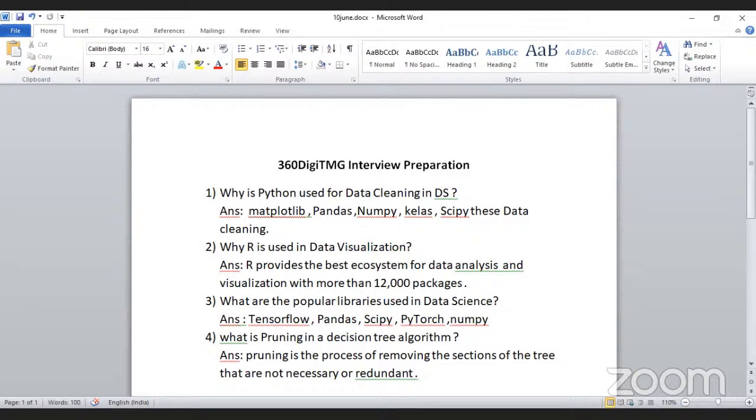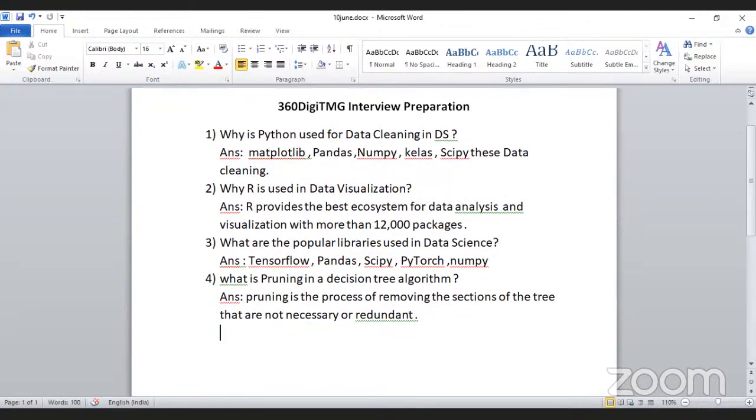Pruning is the technique by which we delete those sections. It is good for stopping overfitting or underfitting. So in a decision tree, by using pruning we can get more accuracy.